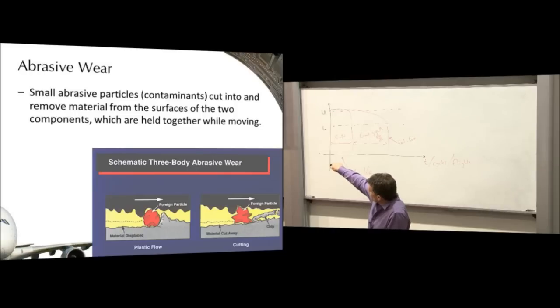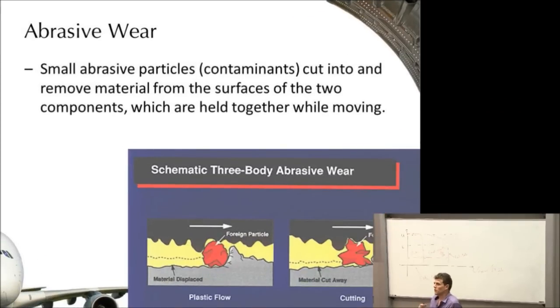Abrasive wear is where you get two bodies and you get something stuck between them. So anyone who's used sandpaper knows about abrasive wear. If you've rubbed something with sandpaper, it's the particles of the sharp sand that get stuck between the two objects that create the wear. It removes material from one surface or the other. Now, the particle doesn't have to be something completely foreign like sand. It can be a previously broken piece of material.